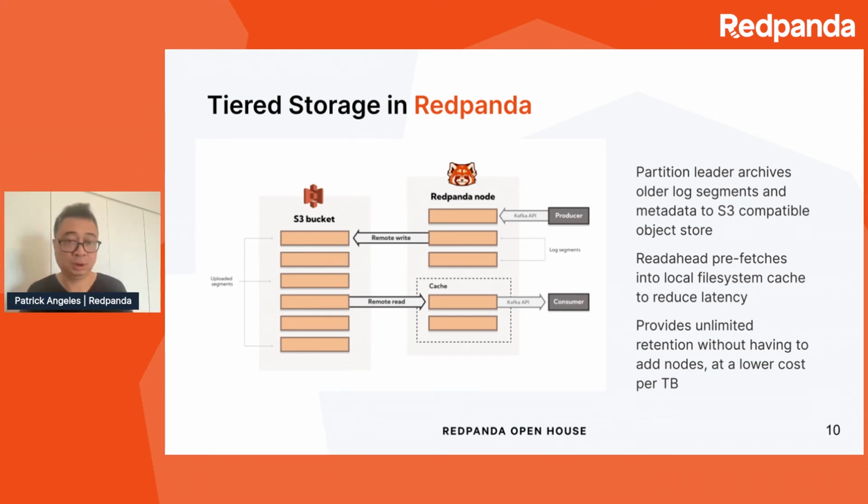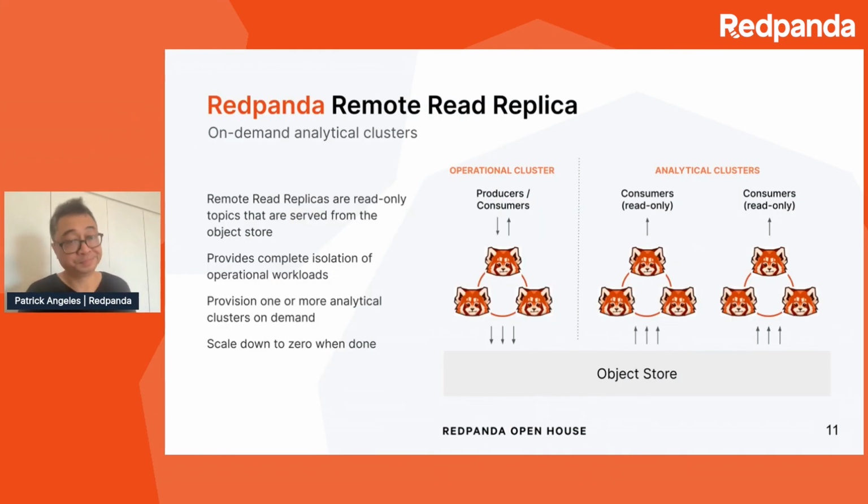Just a brief overview: we have the ability to archive your logs into S3 and transparently retrieve them, thereby reducing your storage costs. What we also do with tiered storage is allow other clusters to read that data, to operate on that data in read-only mode. And you do that by creating a read replica topic on an analytical cluster.